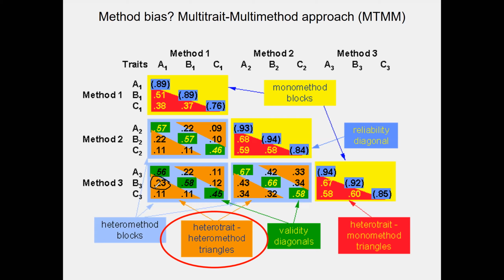Now they are going to be correlated to some extent because everything in the world is correlated, but they should be correlated less than anything else. Your heterotrait, heteromethod triangles should, in the multi-trait, multi-method scenario, have the lowest correlations among anything because they're correlating things that are unlike in both dimensions, traits and methods.